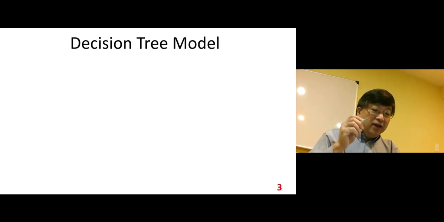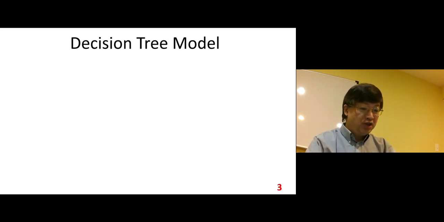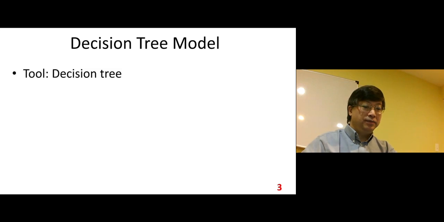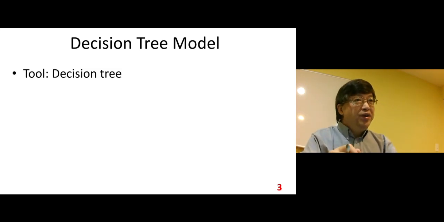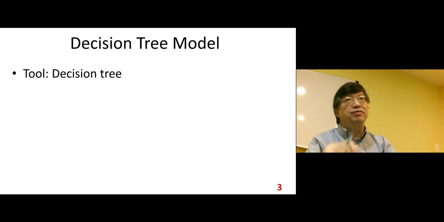All right. Now, let us use the comparisons to build our decision trees. Decision tree model. Here, we use the decision tree as our analysis tool. This tool helps us to solve the problem.